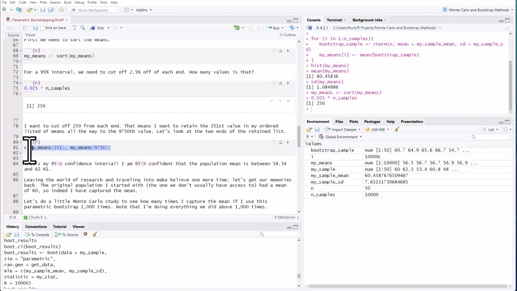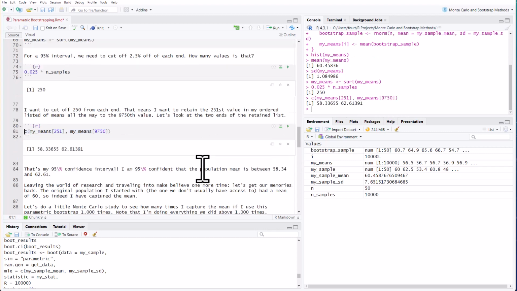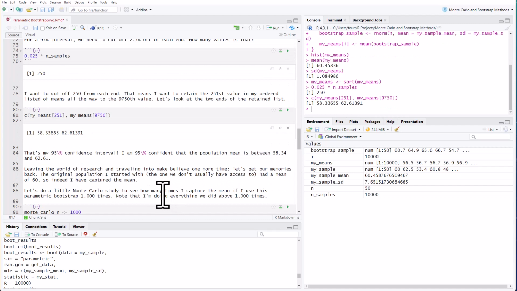So that's what I'm doing right here. So here is my interval. I'm 95% confident that the population mean is between 58.34 and 62.61.